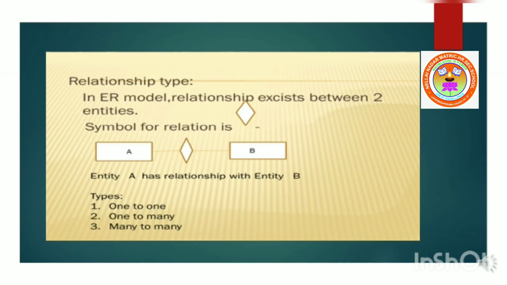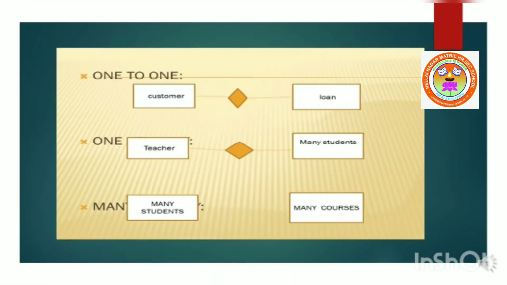Entity A has a relationship with entity B, which should be represented by this diagram. See here, entity A has a relationship with entity B. There are three types of relationship: one to one, one to many, many to many.